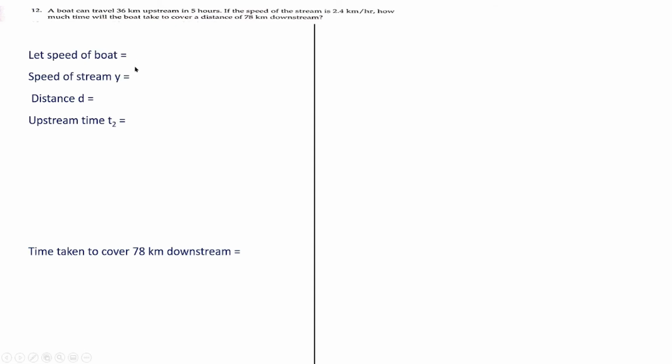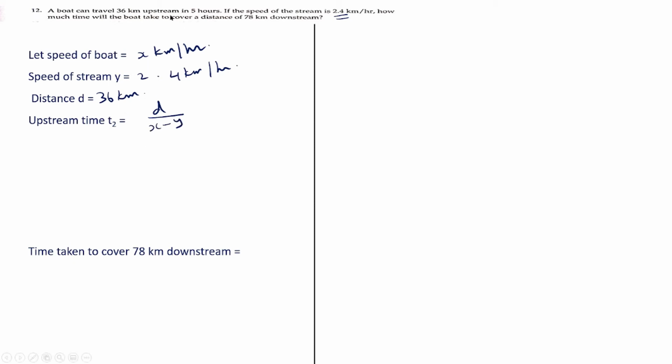So let us take the speed of the boat as x km per hour. The speed of the stream y is given here as 2.4 km per hour. The distance it covers upstream is 36 km. So the upstream time T2 will be d upon upstream speed.